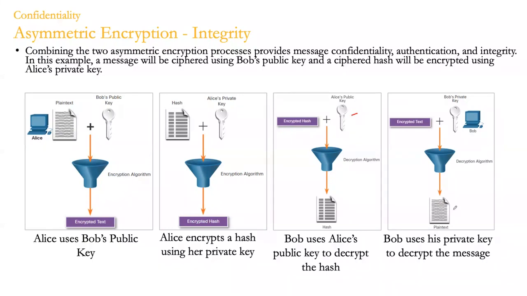Then Bob uses his private key, because the plain text was encrypted by Bob's public key, so it is decrypted by Bob's private key. To achieve data integrity and confidentiality, Alice used her private key and Bob used Alice's public key for decryption.